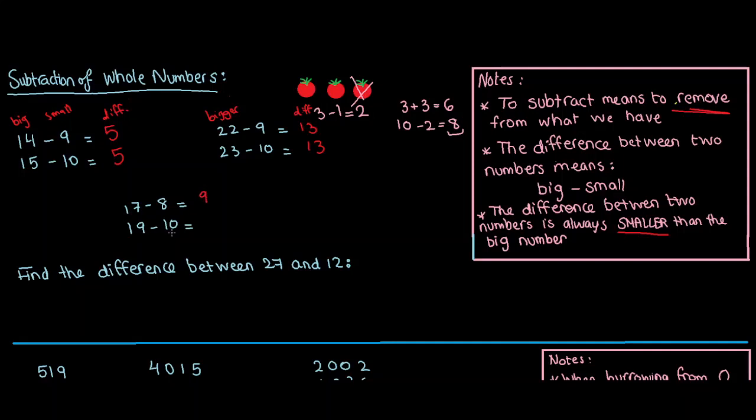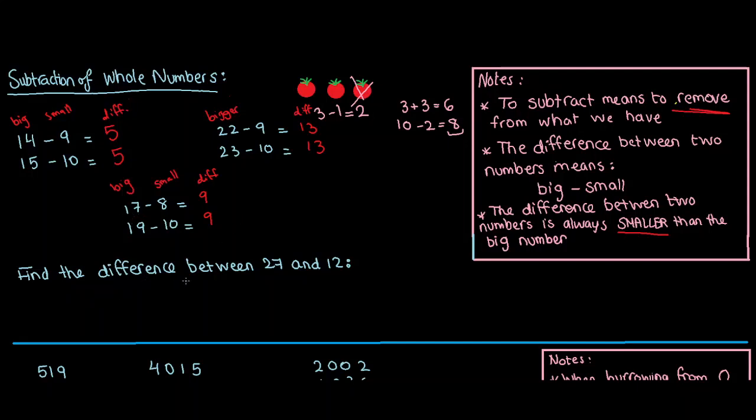And 19 minus 10 is also equal to 9. So again, the difference between these two numbers is smaller than the bigger number here. In this case, however, the difference, which is 9, is bigger than the small number, which is 8 and 10 right here. So what we need to remember is that the difference is always smaller than the first number we're using, which is the big number.